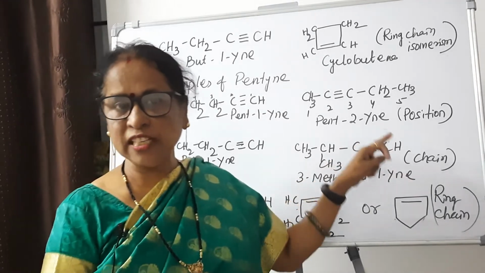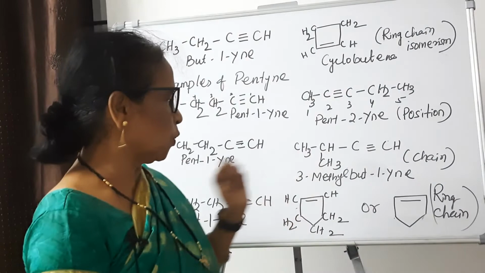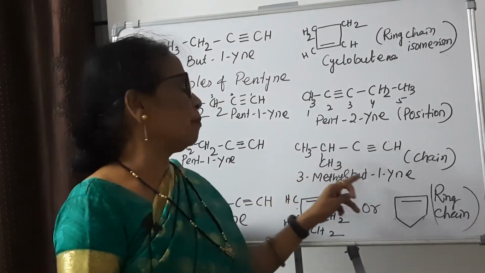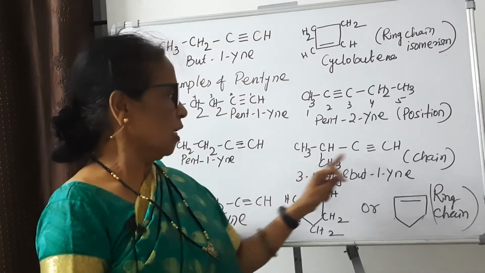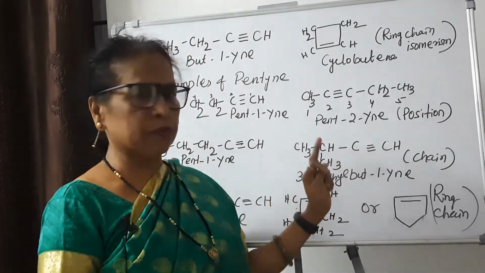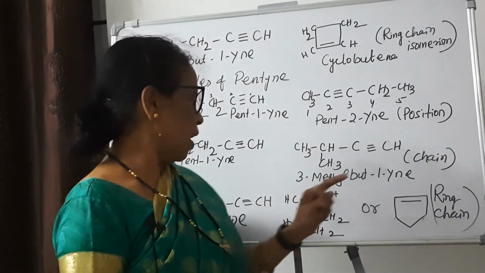There is no change in the triple bond, the triple bond after 1 carbon, but here at position 3 there is a methyl group which acts as a substituent group. So it is called 3-methylbut-1-yne. Are you clear? 3-methyl, but 4 carbons, after 1 there is a triple bond, but-1-yne.